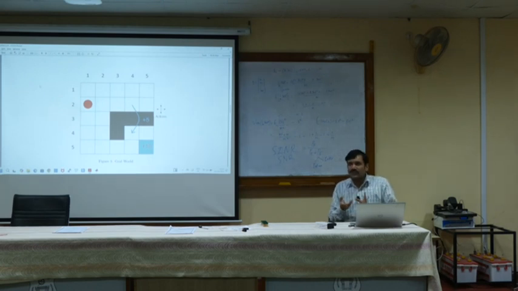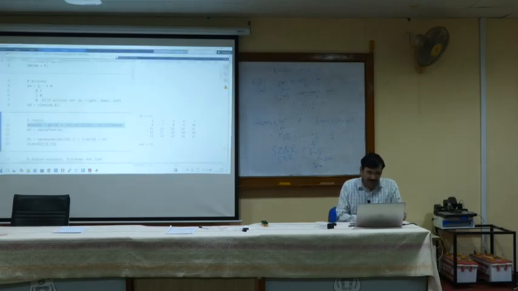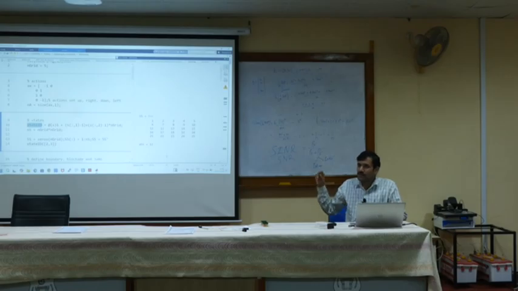So we will have to interchange these two numberings when we make the program. So I have made this one function called state ID, which will give me the corresponding number for that coordinate.